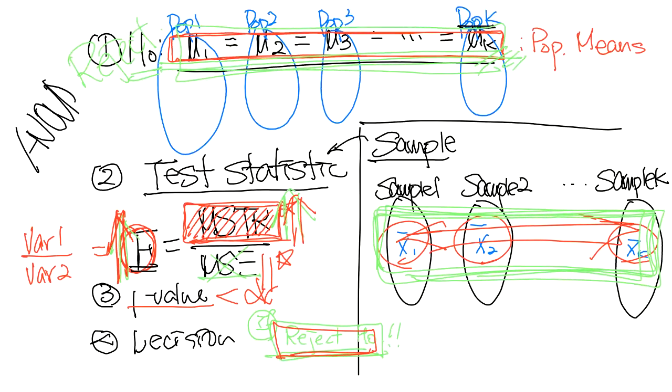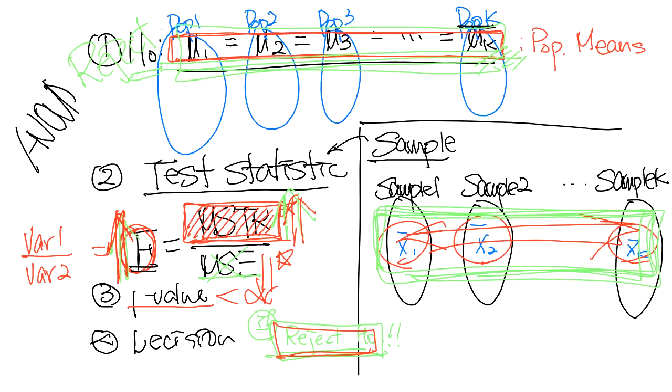So fail to reject, you can apply the other way. The MSTR is getting smaller, the MSE error term is getting bigger, then the F test statistic is getting smaller, the p-value is bigger than alpha. Finally, we cannot reject the null hypothesis. Right? So please understand the relationships.